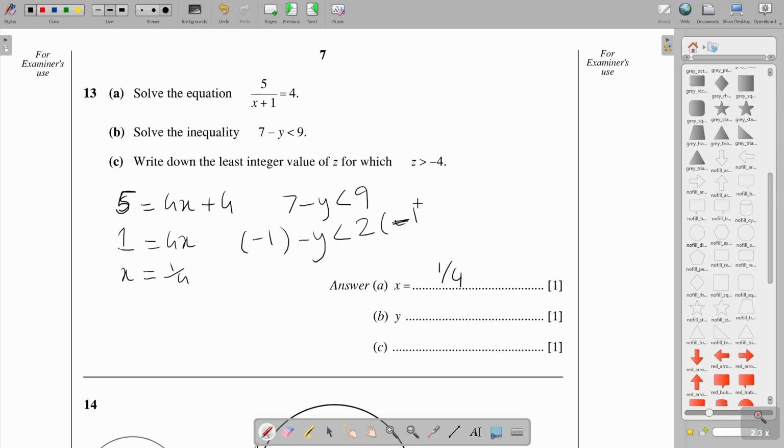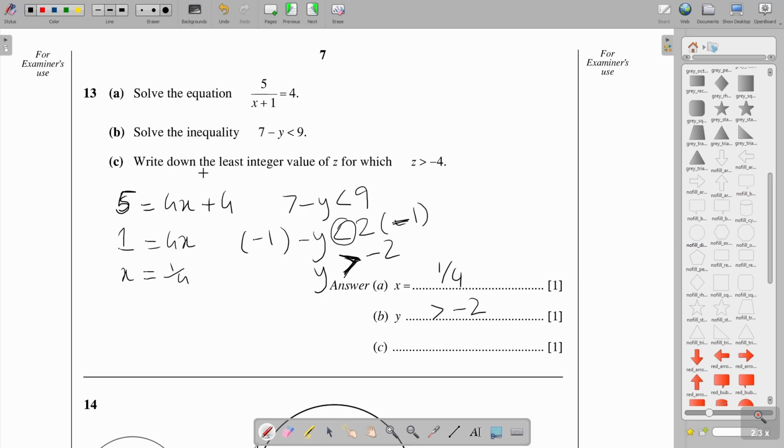Now, when you multiply by a negative number in an inequality, you should switch the sign of the inequality, because basically the positioning, or the reference of your inequality changes when the positives and negatives of these change. So basically, just remember that if you multiply by a negative in an inequality, just flip the sign. So this becomes y is greater than minus 2.